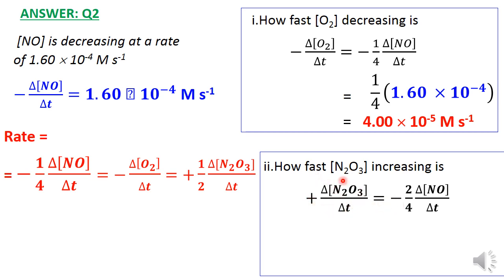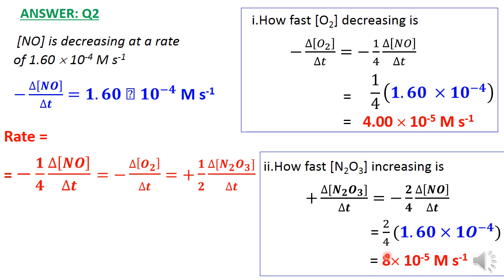We want the rate for the increasing of N2O3, so it will be 2 upon 4 of the rate for the decreasing of NO. So we replace the value for the decreasing of NO, 1.6 times 10 to the power of minus 4, multiplied by 2 upon 4.